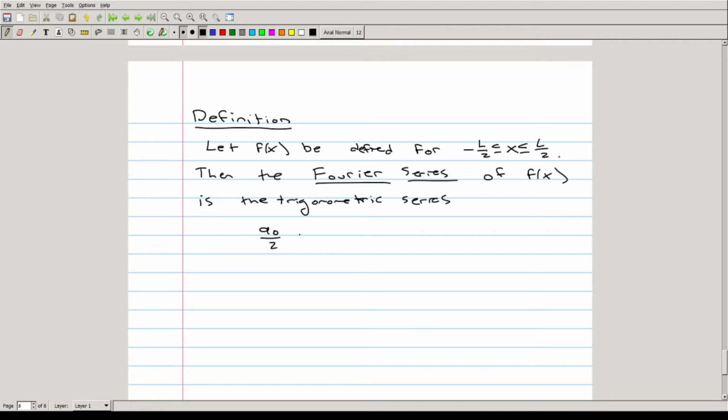a naught over 2 plus the summation from n equals 1 to infinity of an cosine of 2 pi n over L times x plus bn sine of 2 pi n over L x.